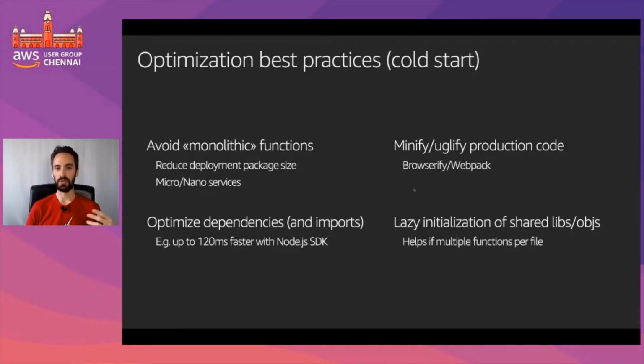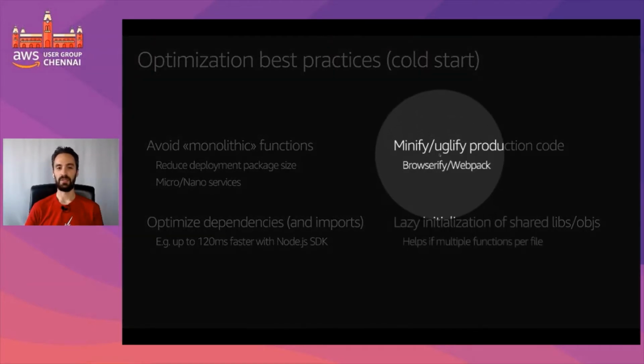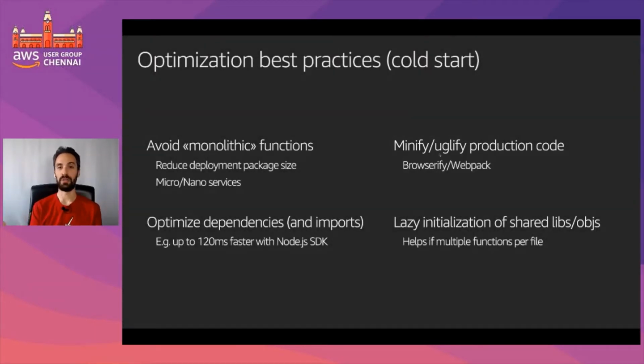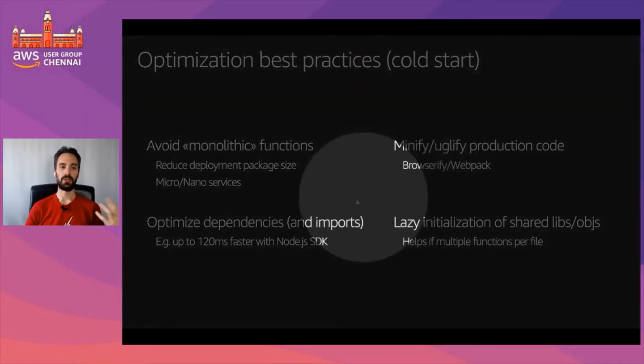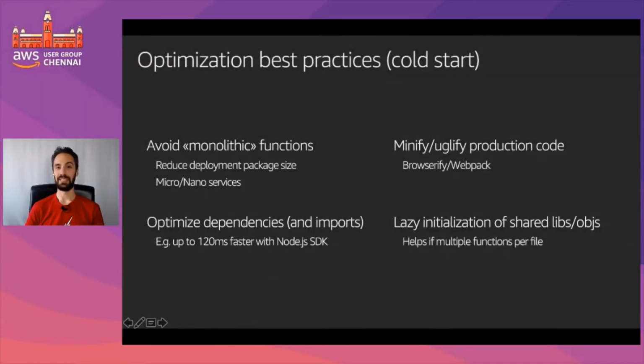All the code, all the dependencies, all the initialization stuff that you need to initialize in your code, that also has an impact. So something else you can do, well, minifying, uglifying still relates to the idea of minimizing the total size of the package in bytes. But then, when you go and run the code, you can do things like optimizing dependencies, for example.